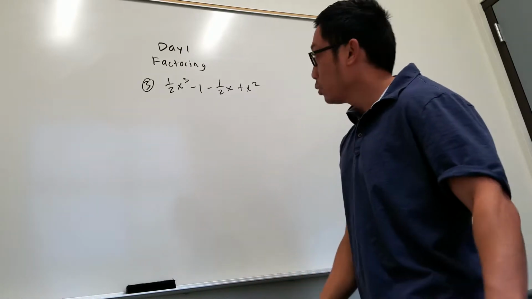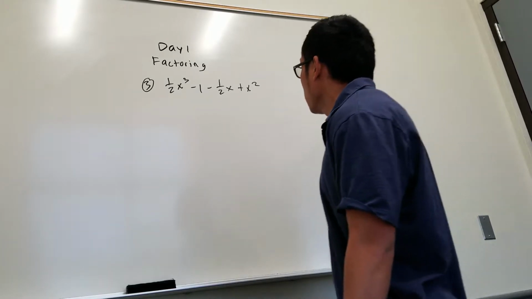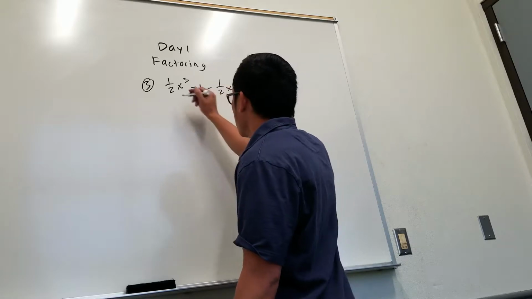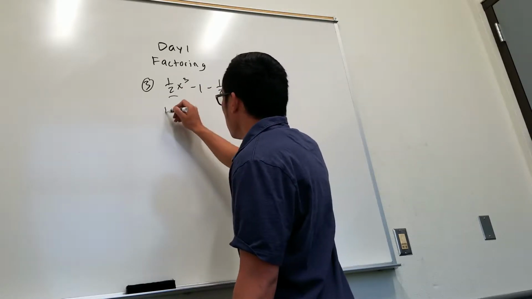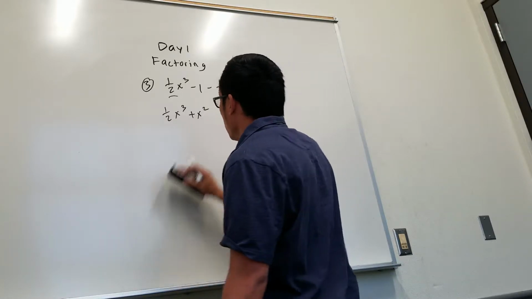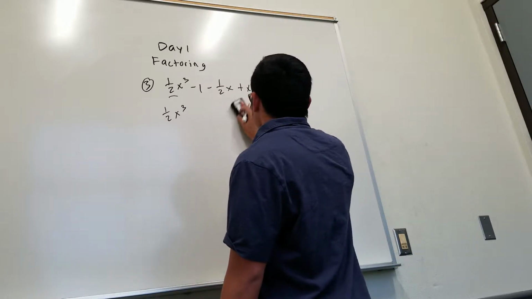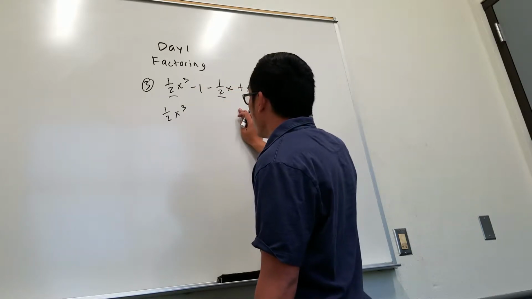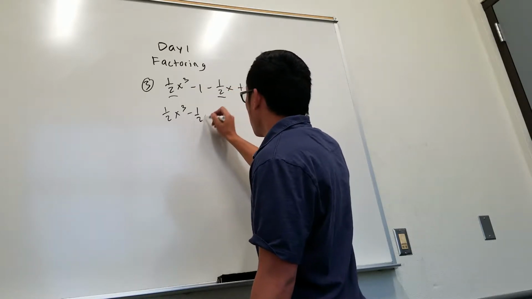So what can I do? I could obviously group them. Combine the x's, the x here and here. Here I can combine the one half together. So we have one half x cubed minus one half x.